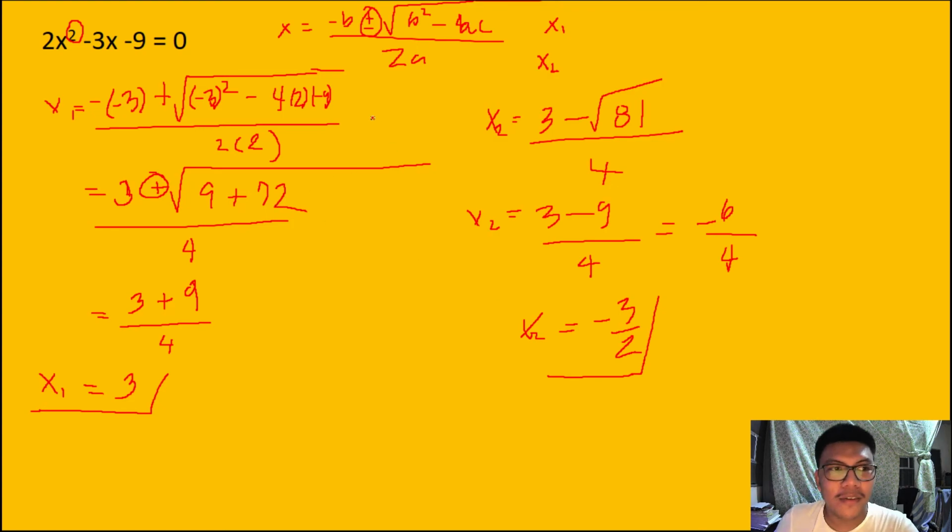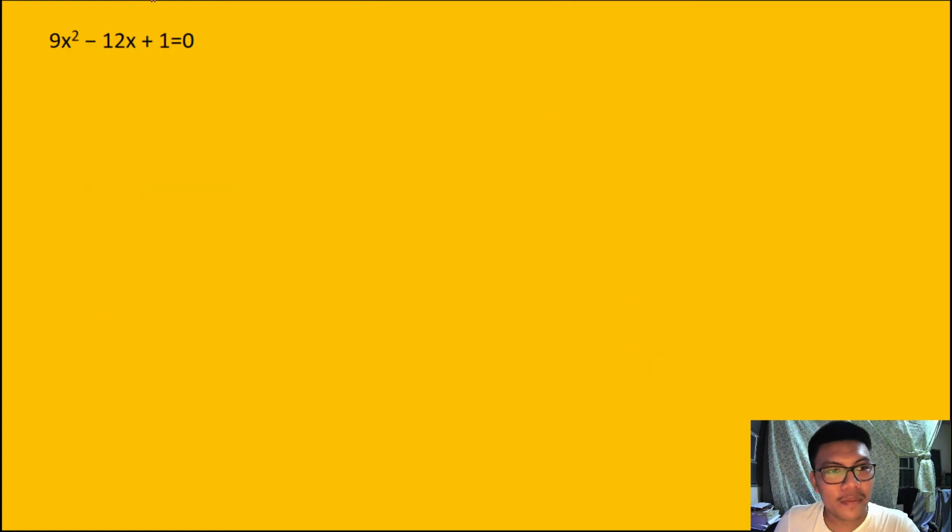Ano mas madali? Sensya na medyo magulo yung solution kasi mina-mouse ko lang. Okay. So, ito naman. Apply natin ulit yung quadratic formula. So, x sub 1 is equal to negative b plus square root of b squared minus 4ac all over 2a.